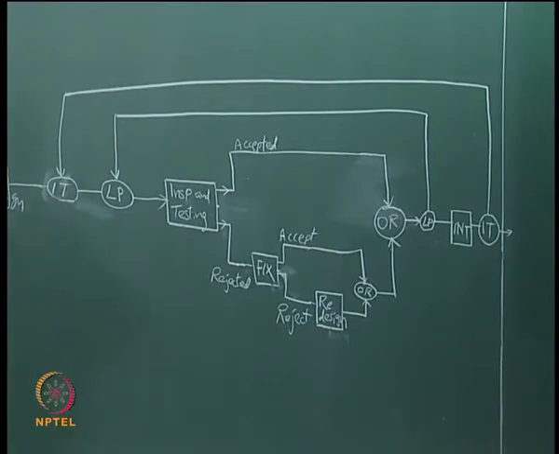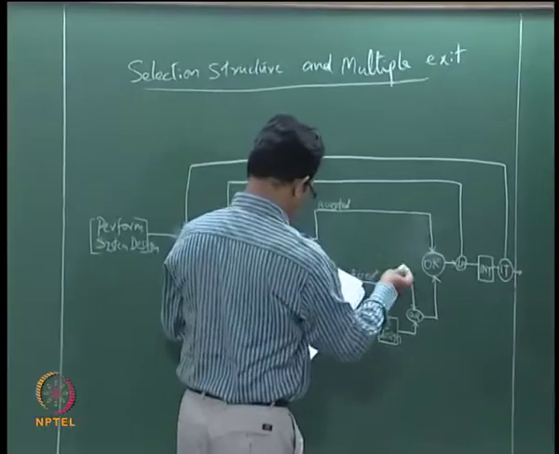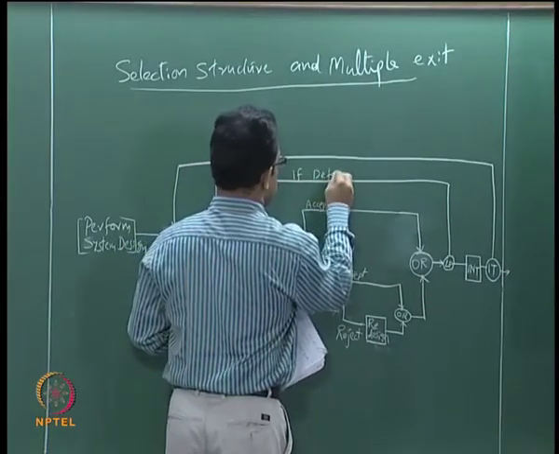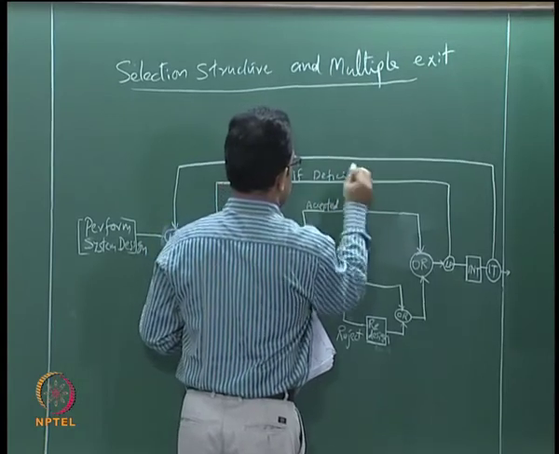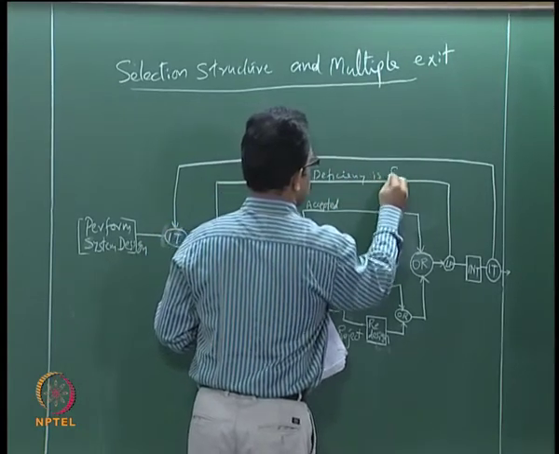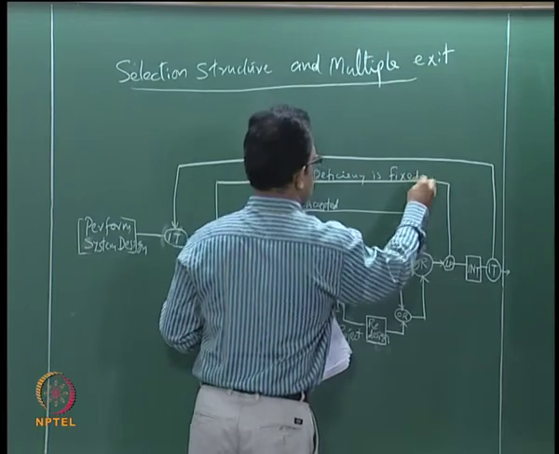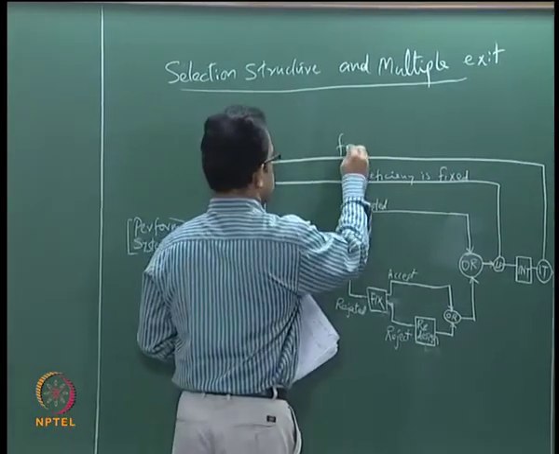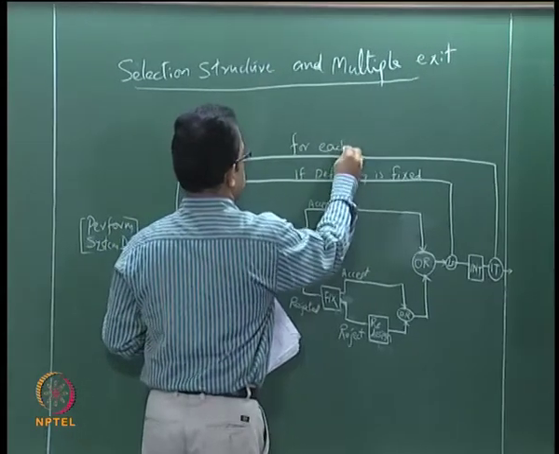So this is a selection and multiple exit structure. This is the loop for if the deficiency is fixed. If the deficiency is fixed, then a looping will be there, and for each subsystem this process will be done.